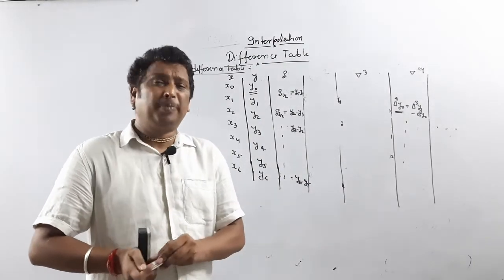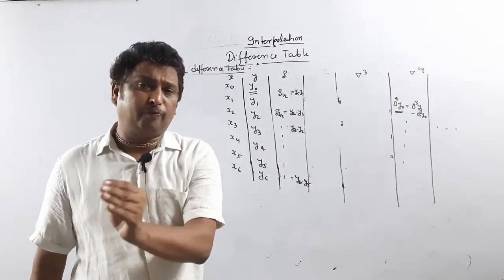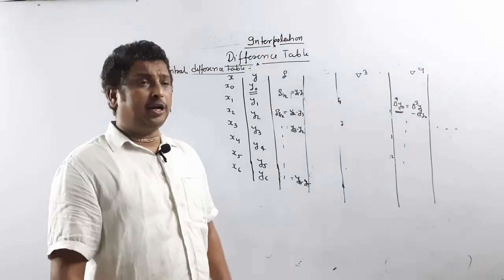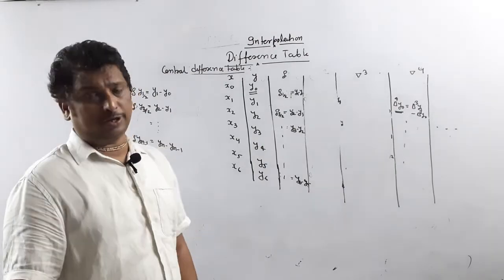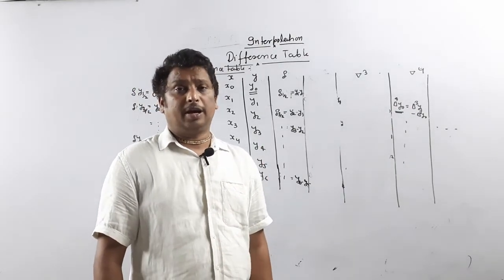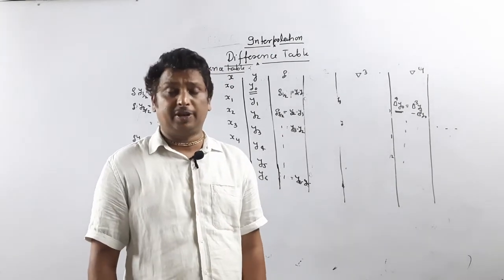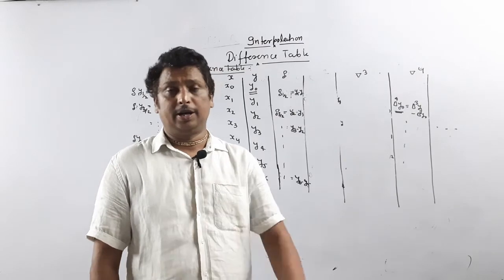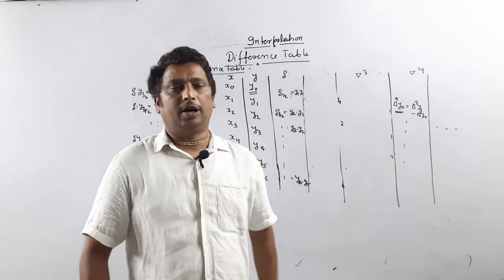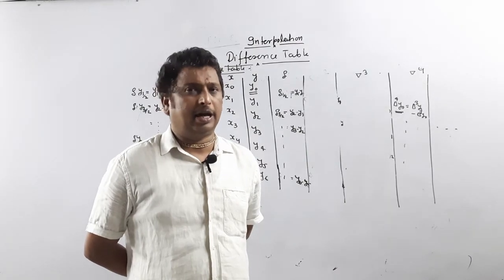So our main motto is how we create the difference table and which value will come into the picture. Basically we are going to use it in Newton's forward difference formula and Newton's backward formula, and then we will go for divided difference. Divided difference will come last.